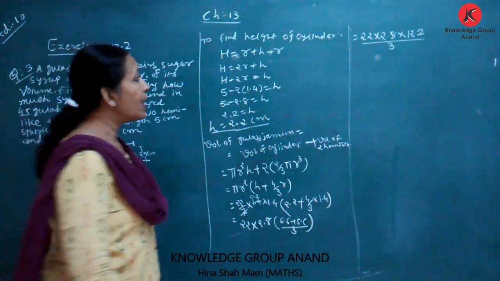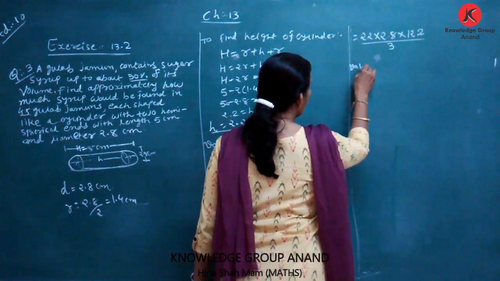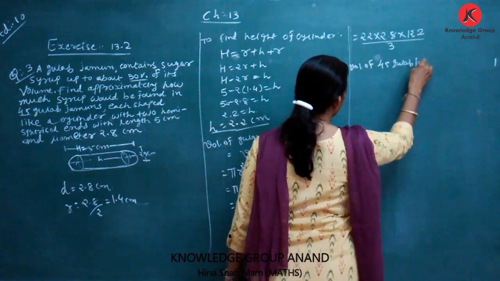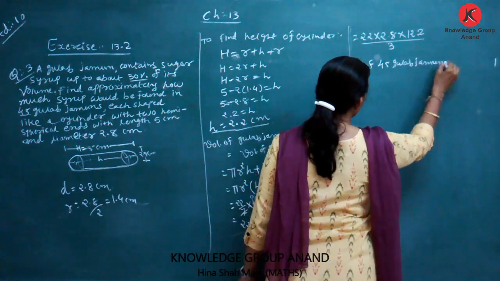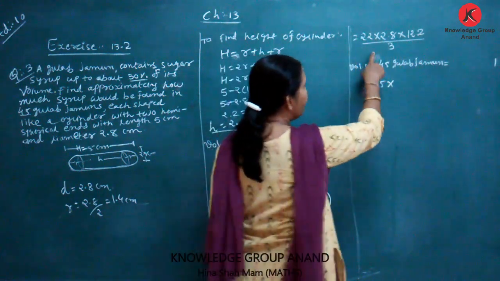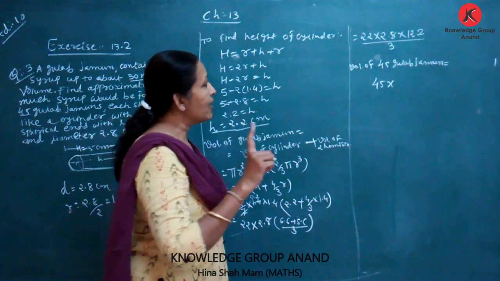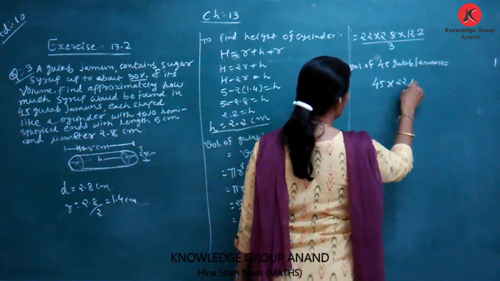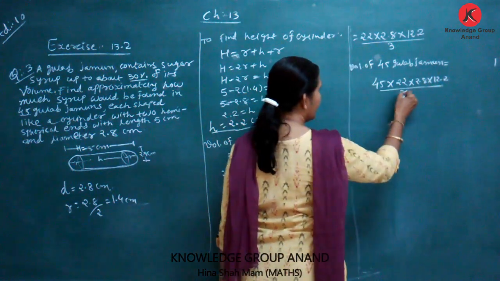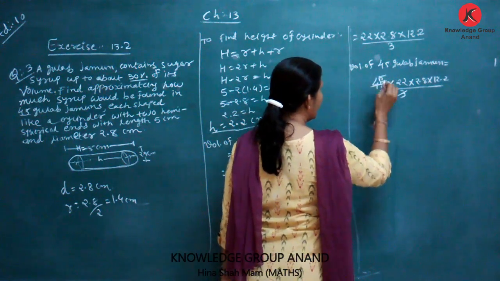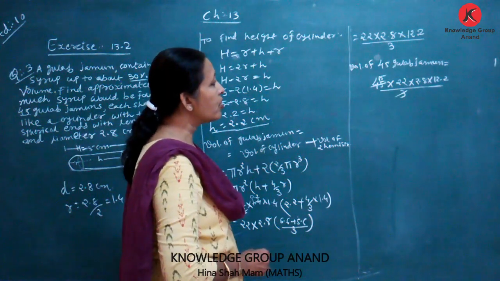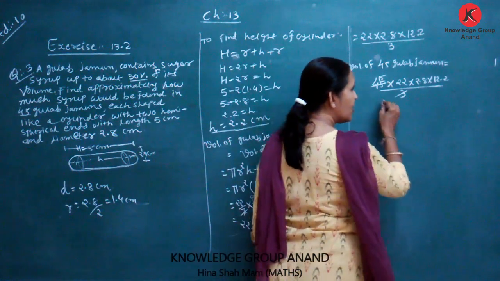Now, multiplication: volume of one gulab jamun is equal to 22 multiply 2.8 multiply 12.2 upon 3. 3 fifteens are 45. Now multiplication of all the numbers.